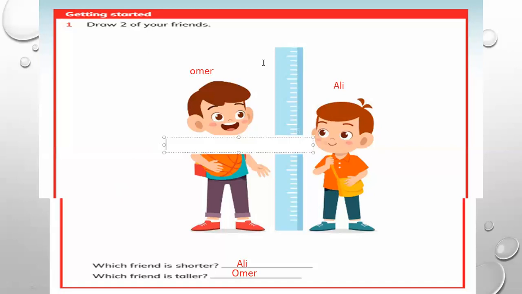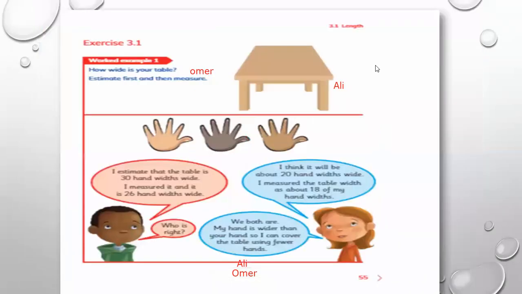So let's move on to the next exercise, 3.1. In this example, we are going to measure the table. How wide is your table? Estimate first and then measure. We can measure things with the help of our hands, or we can use a ruler or measuring tape.